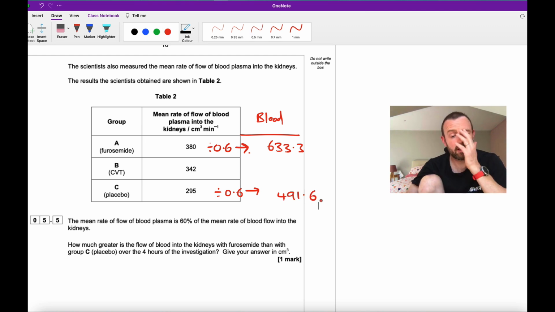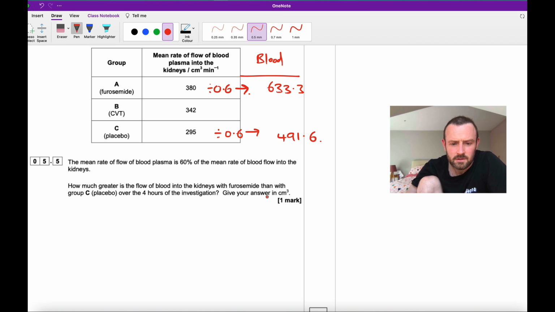And it says how much greater is the flow of blood into the kidneys with furosemide than with group C. So I do 633.3 minus 491.6. I got 141.7. Give your answers in centimeters cubed. Oh, okay.